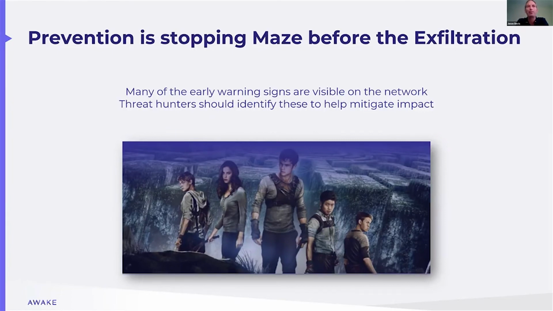I'd be more than happy to answer questions on the depth of some of the opnums, and we will come out with more detail as we move forward to show exactly how we're hunting for that stuff, and how we find examples of people doing enumeration and then switching over and taking advantage of the environment. And again, it's not just Maze, there are multiple other actors that do it, but these are very focused on what Maze did. We spent quite a bit of time really dissecting it down to understand that.